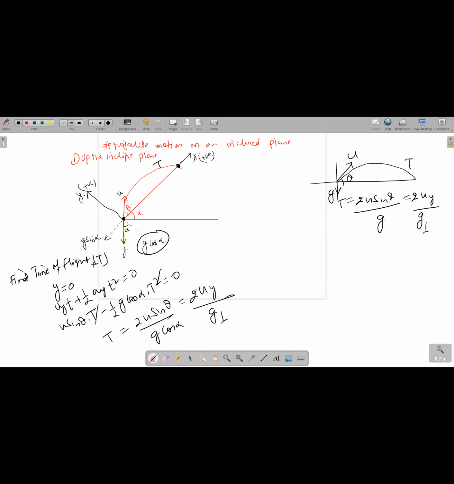Now, this was the first point. The second point is H max, the maximum height of the projectile from the inclined plane. How will you find this? Again, the same thing.